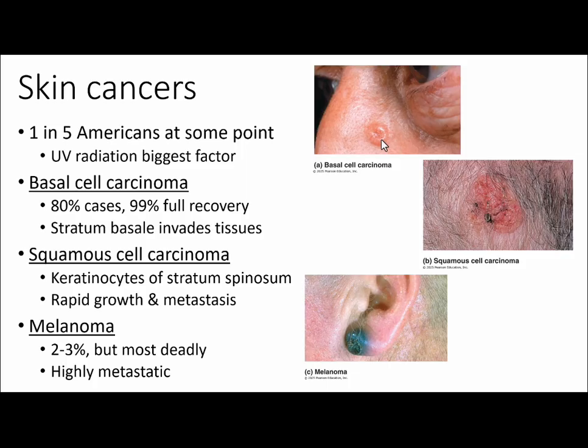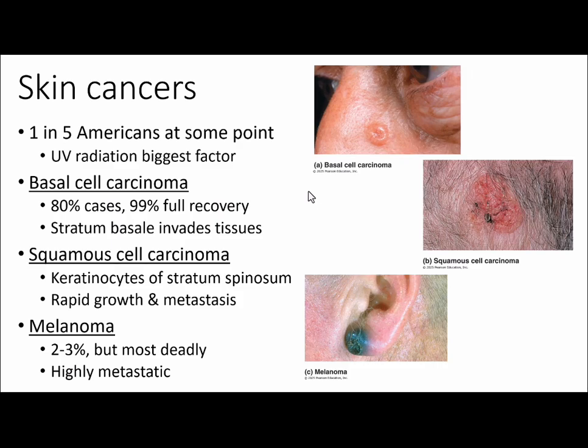So it's the least likely to spread to other areas and start causing real health problems. It presents itself as kind of a shiny, dome-shaped nodule, and eventually it'll have a centralized ulcer. So right here, we see this shiny dome-shaped nodule, and then this indentation or this ulcer in the center right here.